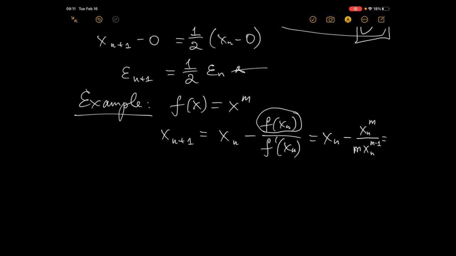Exactly. So thank you. As a result, if you have a look here, I can bring these terms to the common denominator, and this is what I will get. So it will be (m minus 1) divided by m times xn, right?